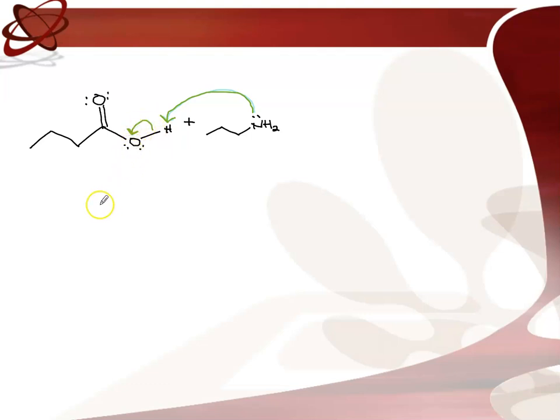And when those electrons are pushed back onto that oxygen, what we get in this chemical reaction is the formation of what we usually refer to as the carboxylate anion, or just the carboxylate ion, with a formal negative charge on this oxygen. And then, of course, we're also forming the protonated amine in this process.